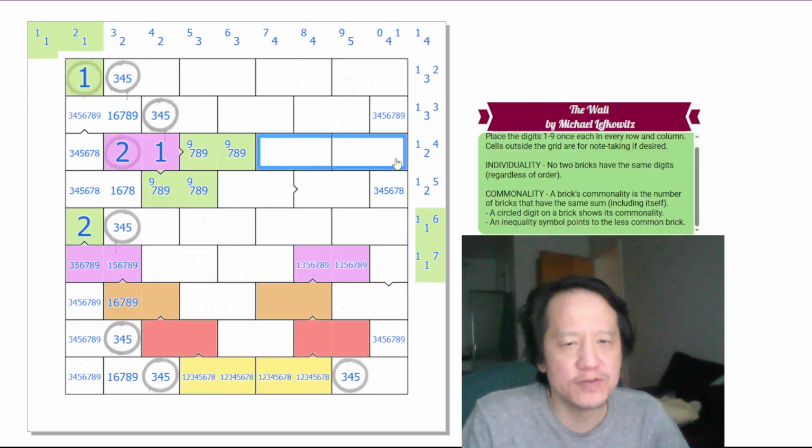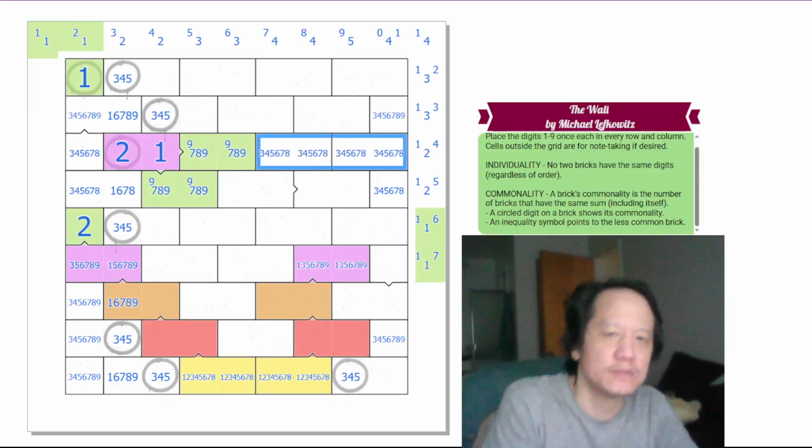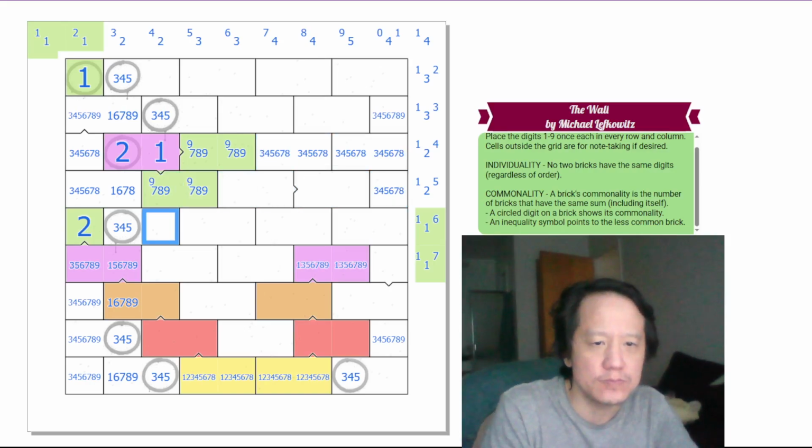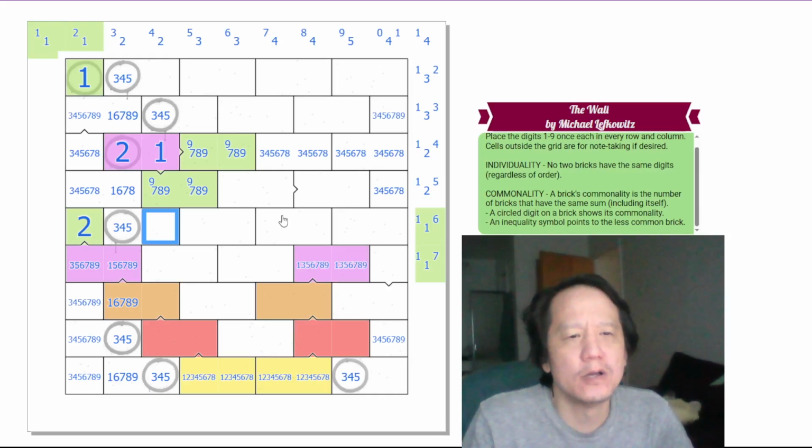The rest of these digits are 3 through 8. 3 matches its commonality with 2.